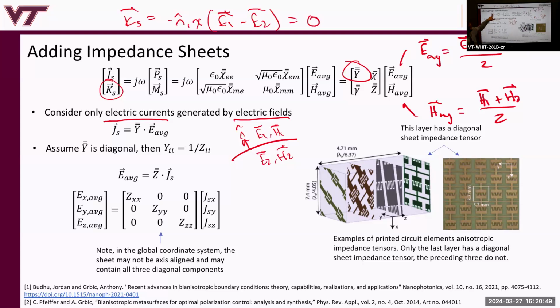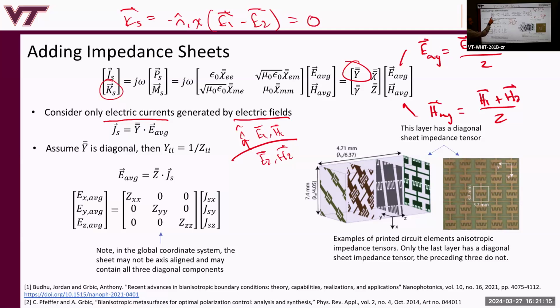J omega P is equal to J surface, where P is PS, the surface polarization, which exists at an interface, a theoretical 2D interface. And then J omega M is the magnetization. So time varying magnetization can lead to a magnetic surface current density. That's why they use K, to not confuse with M.